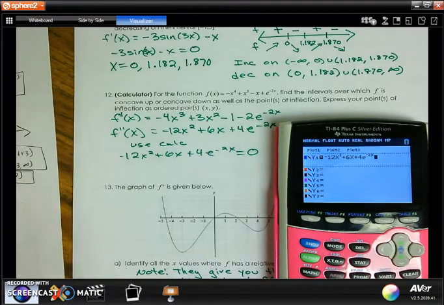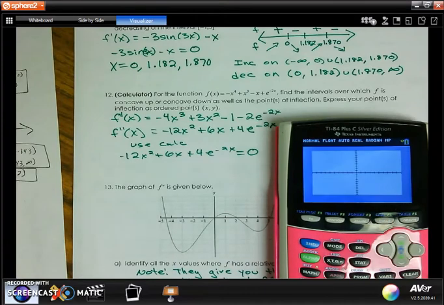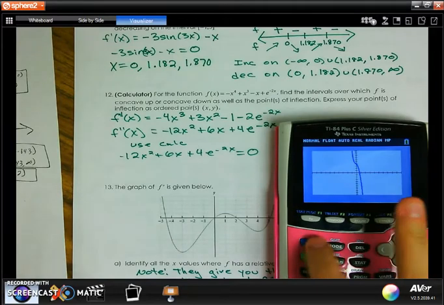I always look at it at the end to make sure that's how I want it. I'm going to hit zoom 6 this time because my window was all messed up from before, so I want to get back to a normal window. This only has one critical value because it only crosses the x-axis once. If you need to zoom in, you can. I don't think I need to.